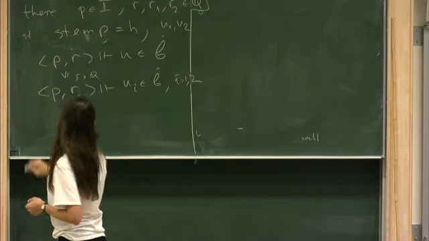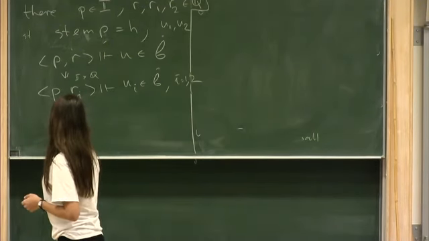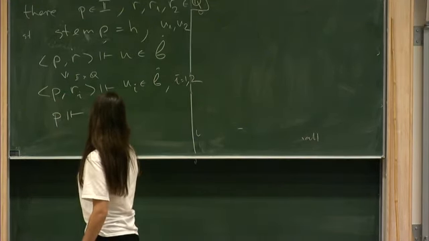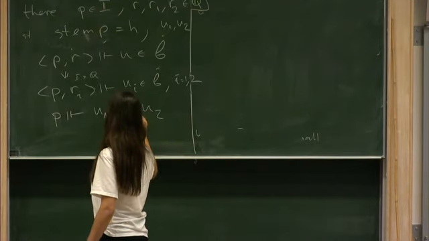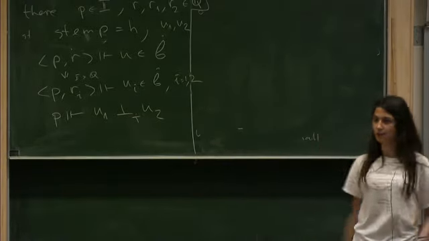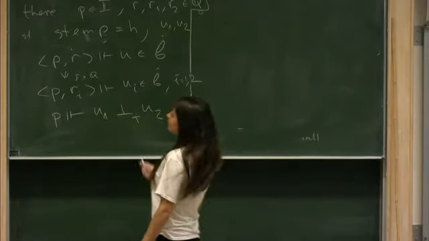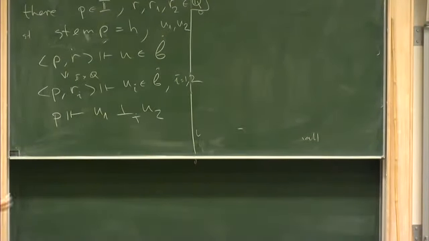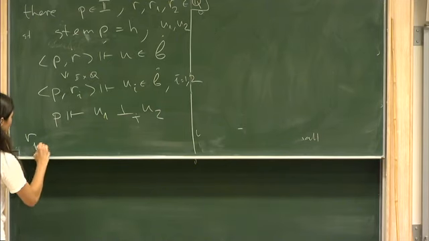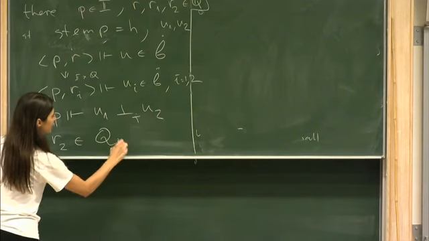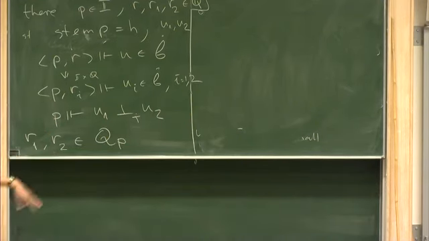And p forces that U1 is incomparable to U2, that will be the splitting. I want to be in this nice quotient, so both R1 and R2 are in the generic for Q of p.